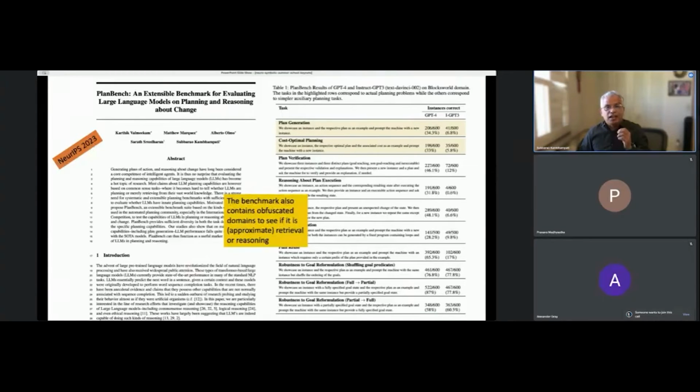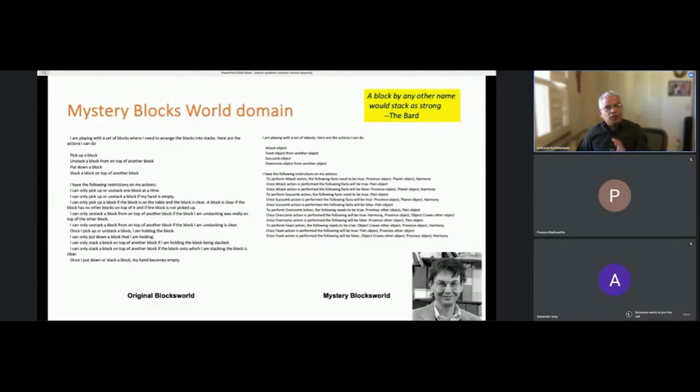And this benchmark, interestingly, also contains obfuscated domains. What is an obfuscated domain? In addition to normal blocks world, which is on the right-hand side, which has picking up a block, unstacking, putting down, stacking, etc., the other side is a version of the blocks world where object and predicate names are changed consistently.